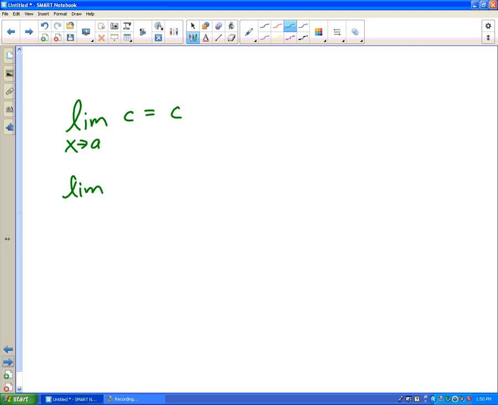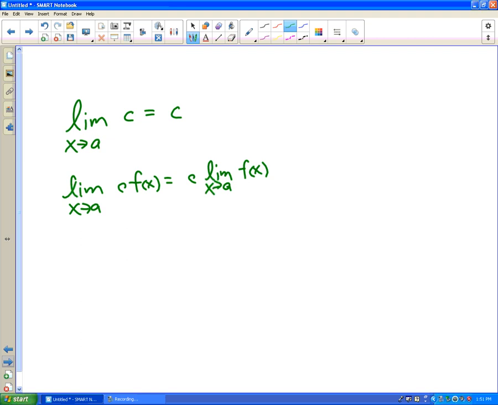The next one is if we have a function multiplied by a c, like 5x or 3x squared. This is equivalent to taking c and multiplying it by whatever the limit of that particular function turned out to be.